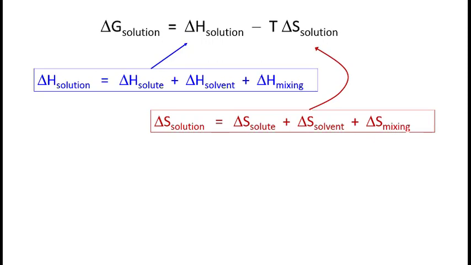Now, we might guess that a solid going to an aqueous solution would result in a scattering of the solute particles with many more ways to arrange them, resulting in a positive value for delta S. Certainly, breaking apart the solute interactions should increase the entropy. Probably the same for creating solvent cavities.